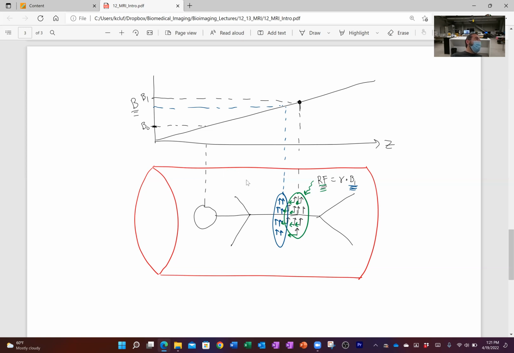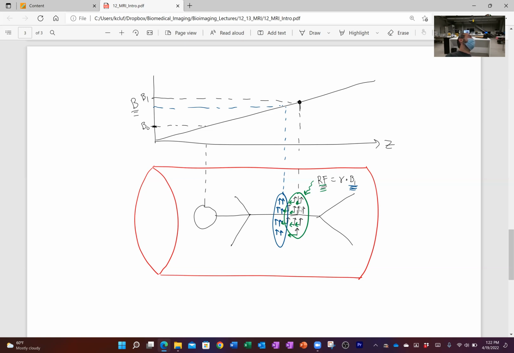And when you inject an RF pulse, it'll only resonate with the protons, the hydrogen atoms that are rotating at that frequency. And so only the hydrogen atoms that are rotating at that frequency will resonate with that external RF pulse and absorb that RF pulse, okay?